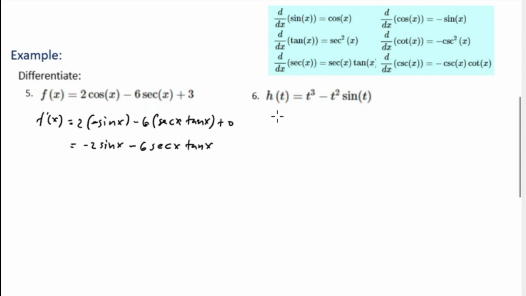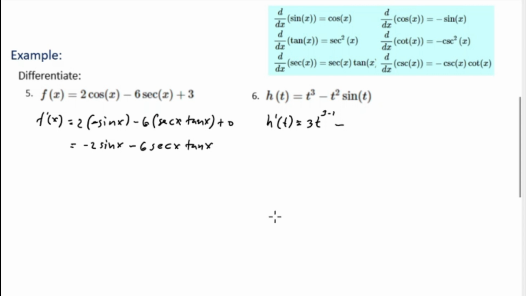Example number 6. h of t is equal to t cubed minus t squared sine t. So we have two terms, and then we derive h prime of t is equal to the derivative of t cubed, which using power rule is 3t to the power 3 minus 1, minus the second term, t squared sine t.